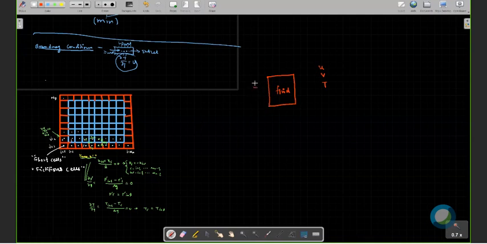Here the temperature is, suppose, 100, and here the temperature is 0 degrees Celsius, and the top and bottom are insulated. And the fluid, say water, is inside.